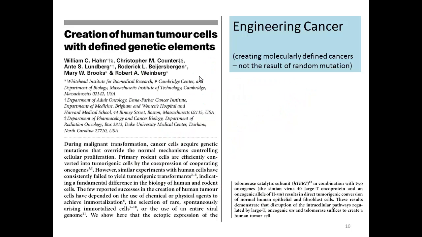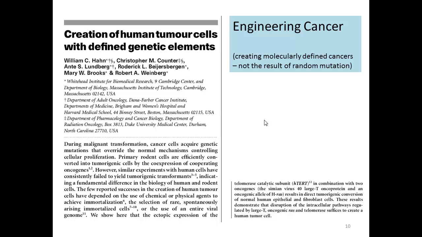We'll end by looking at another landmark paper that came out in 1999, and this was the specific molecular creation of a tumor cell using the tools of recombinant DNA. Most cancer cells that occur are the product of random mutation, so we have heterogeneous behavior. And we don't even understand all the molecular changes that transformed a normal tissue into a cancerous tissue.